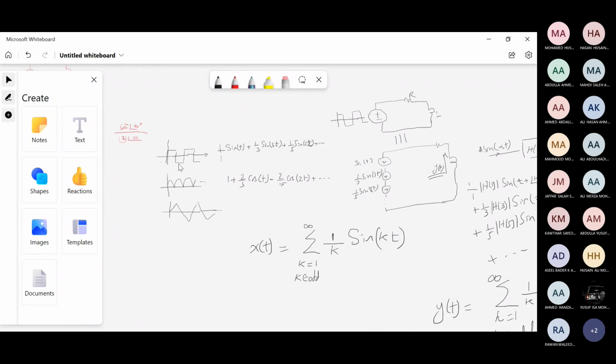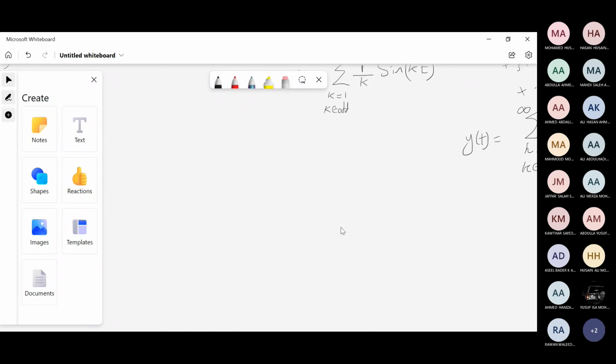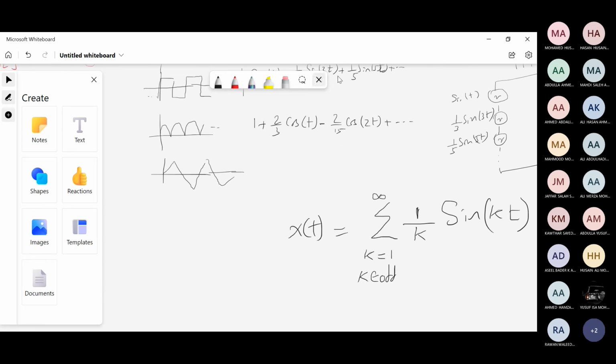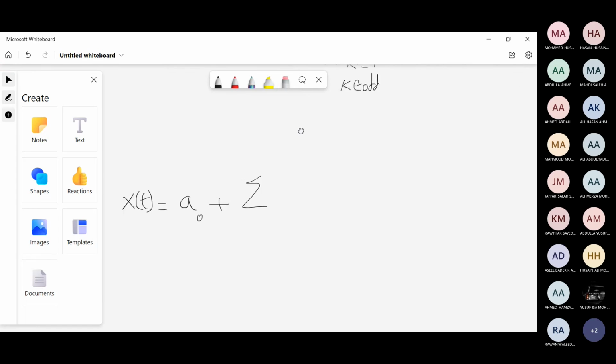So in general, any sinusoid, I can write it as x of t equal to, we could have a DC, plus summation. We could have cosine and sine.